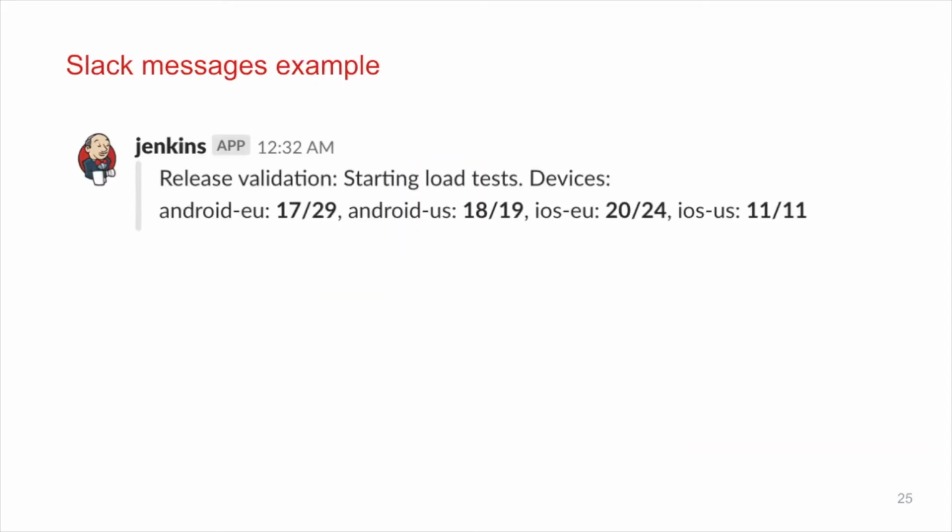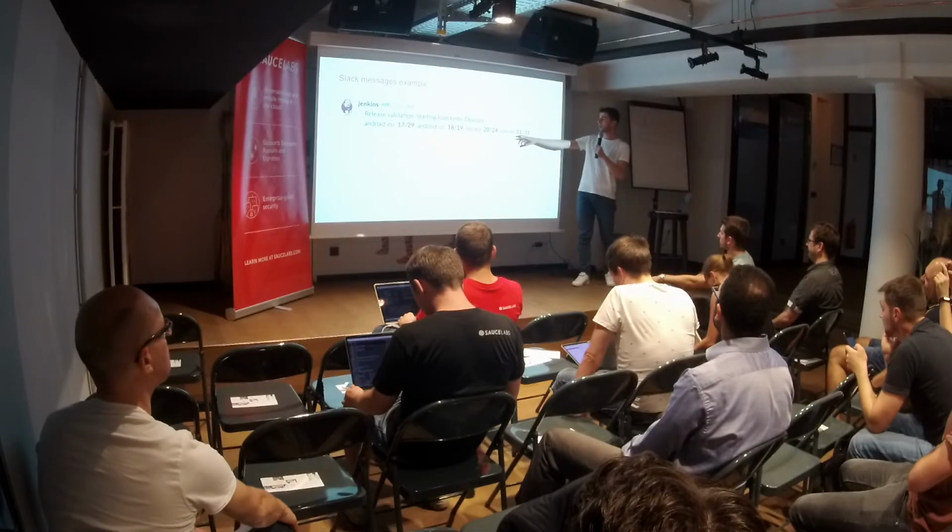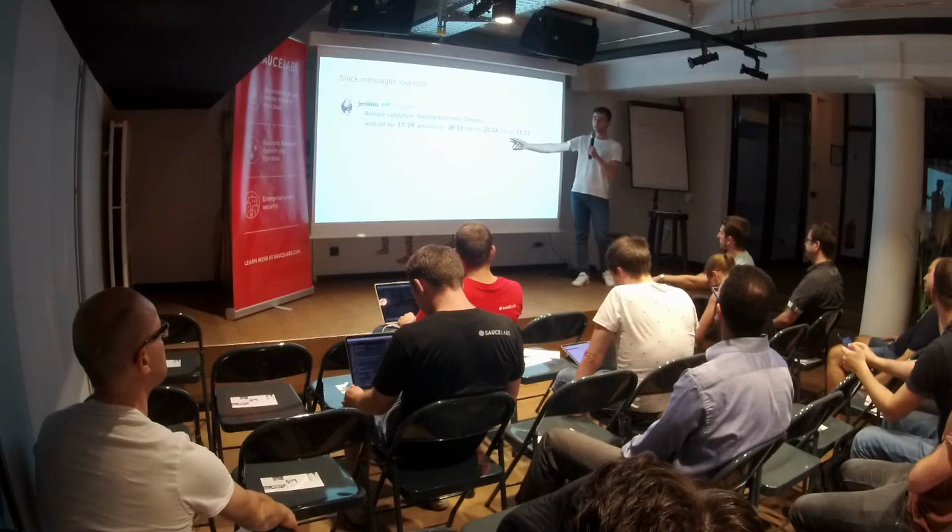And some examples about Slack messages, because I didn't show you. When our load test starts, or stress test, I call them load test here, we can see, okay, 11 devices were available out of 11 in the US data center.